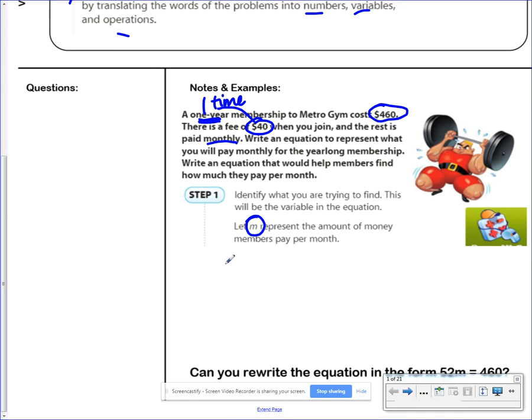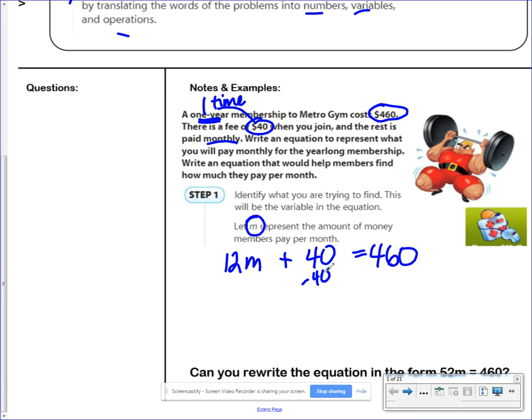I know there are 12 months in a year. And because $460 is how much I have to pay total in 1 year, 12 times the monthly fee is going to cover this 1 year of payment, but I also had this $40. I also had this $40. So now if I were going to solve this, I've got this set up.